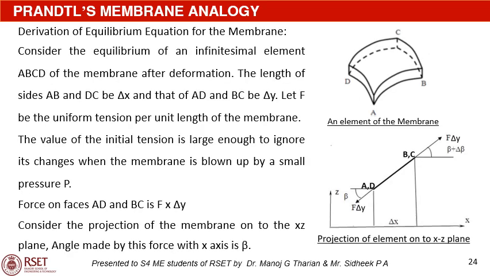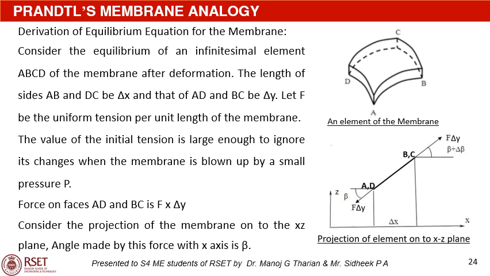In the concluding part of this lecture, we will see the derivation of equilibrium equation for the membrane. Consider the equilibrium of an infinitesimally small element ABCD of the membrane after deformation. The length of the sides AB and DC be delta x, and that of AD and BC be delta y.